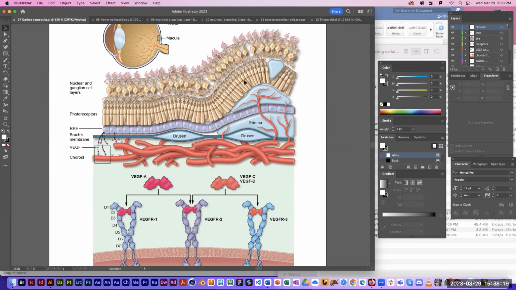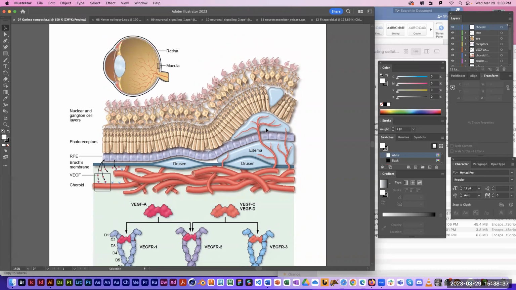You don't want new blood vessels proliferating because then they cause all kinds of problems. So the blood vessels grow, they get leaky, they leak fluid, which leads to the formation of these little pockets of fluid called drusen in Bruch's membrane. And then you've got arteries that literally grow up into the photoreceptor layer and begin to distort it.